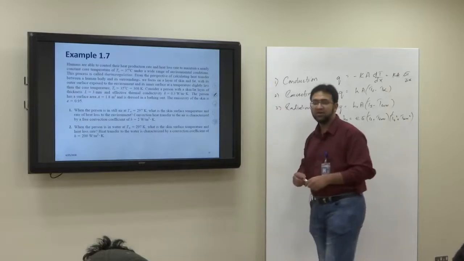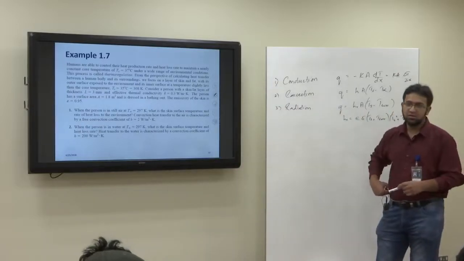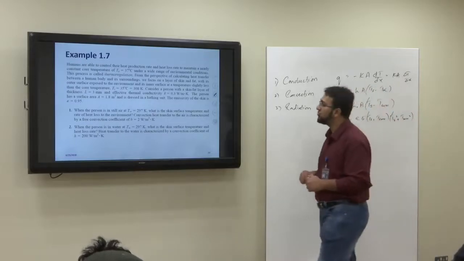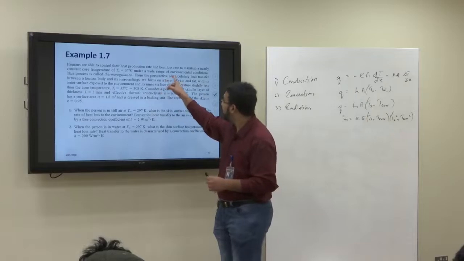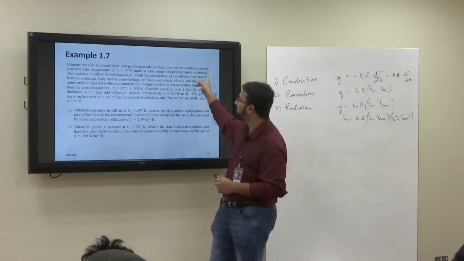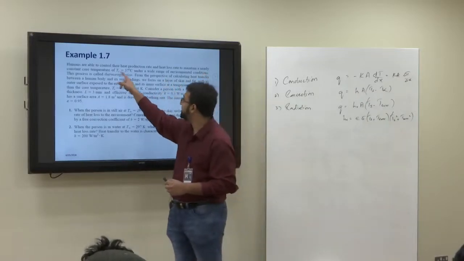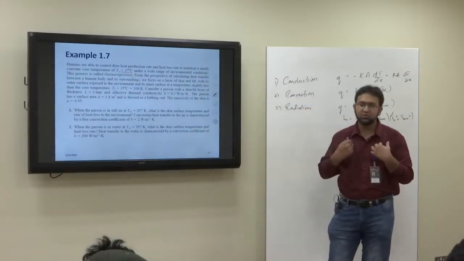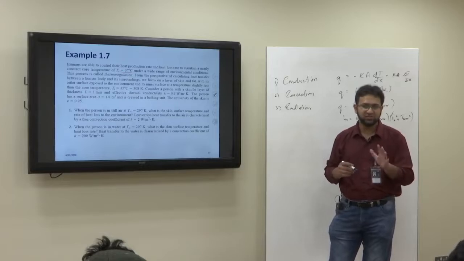Regarding this we have a numerical. Humans are able to control their heat production rate and heat loss rate to maintain a nearly constant core temperature of 37 degrees centigrade. All humans, our body core temperature is what? 37 degrees centigrade.